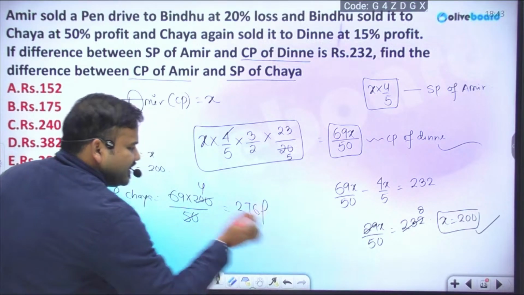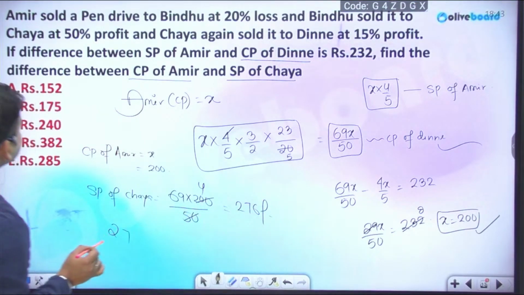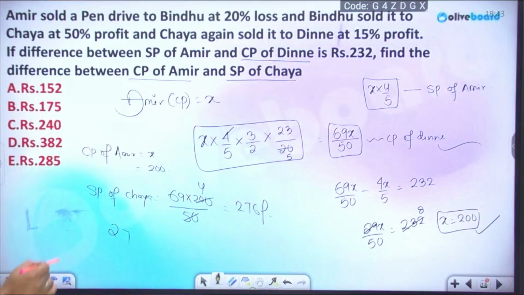So ultimately the difference is 276. What is the difference between the cost price of Amir and the selling price of Chaya? Am I getting the same now?